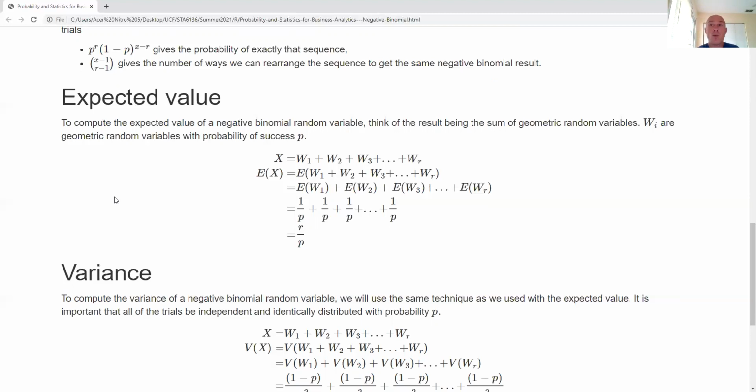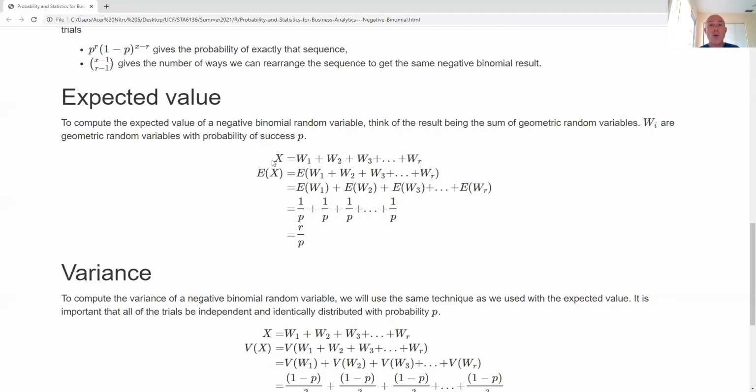So I'm going to say that W sub i is a geometric random variable, and that my negative binomial random variable is the sum of those W's.